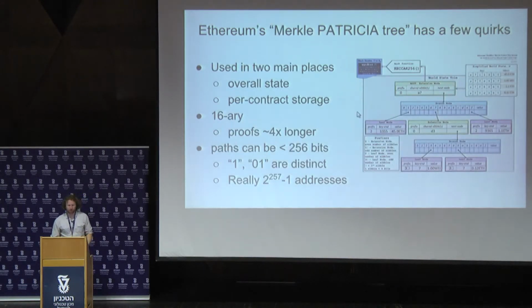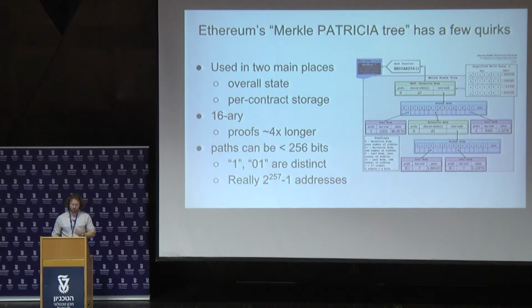So if you want to read more about the details of that, it's pretty important, I think, for understanding Ethereum, because actually the same data structure is used in 2 places. It's used both to store the map between addresses and the code and the balance and the state and everything for each address. And also within each address, it's used to store the storage for that address.